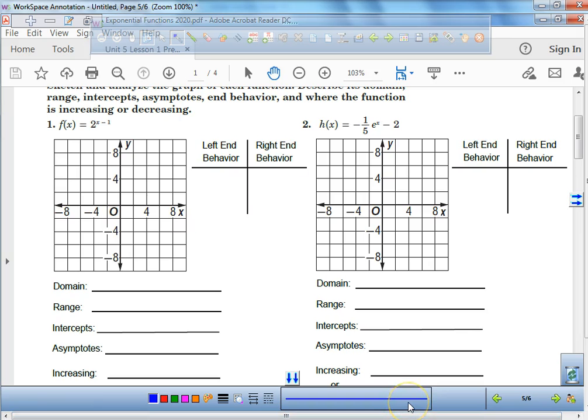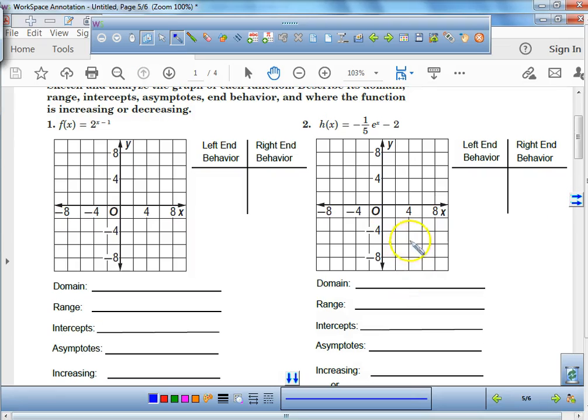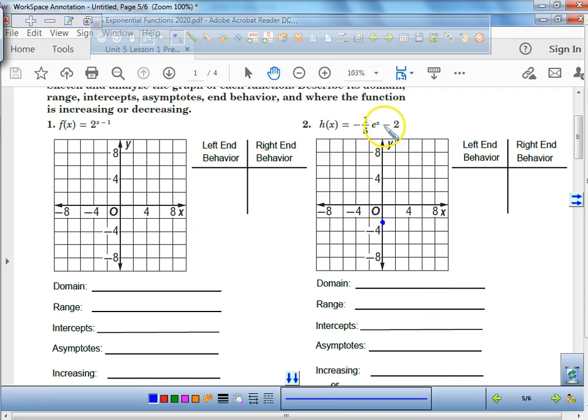So right now, what I'd like you guys to do is we're just going to do our best to sketch this to the best that we can. On your paper, right here, about negative 2.2, just put a point right there. Now understand, do you see that minus 2? That minus 2 is our horizontal asymptote.